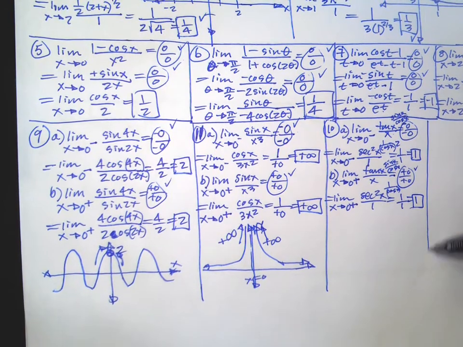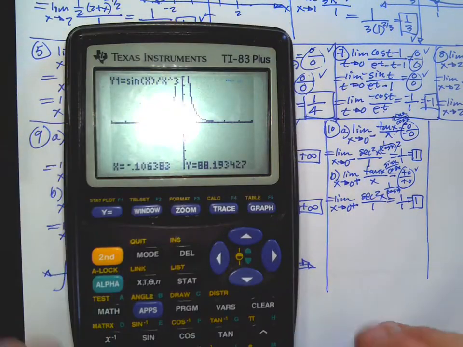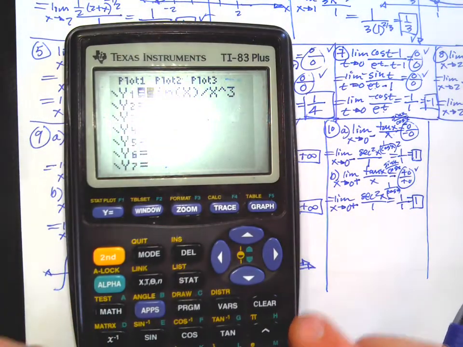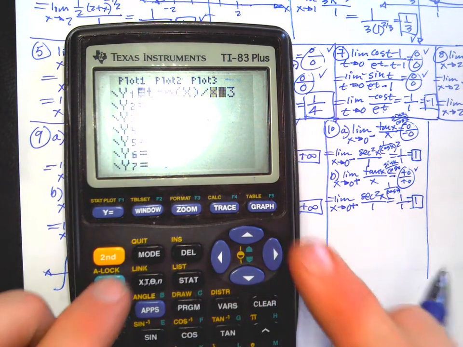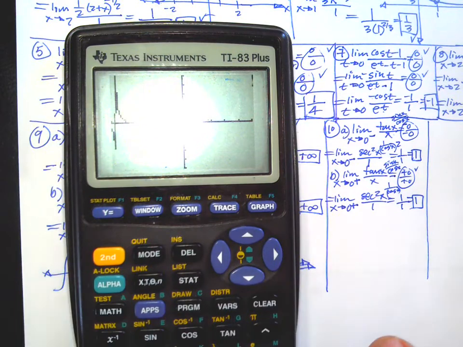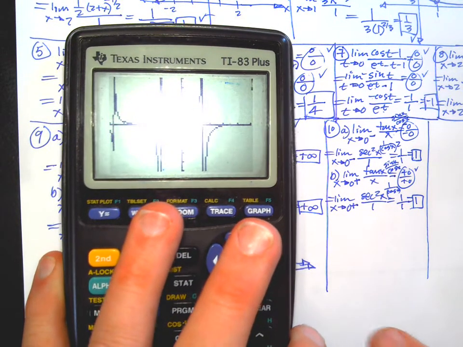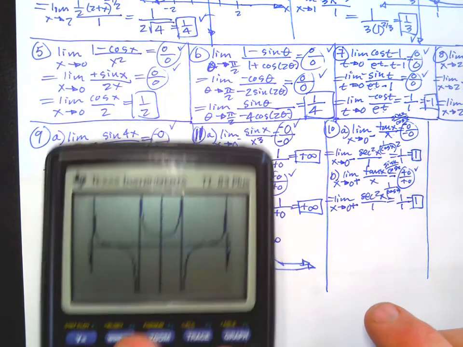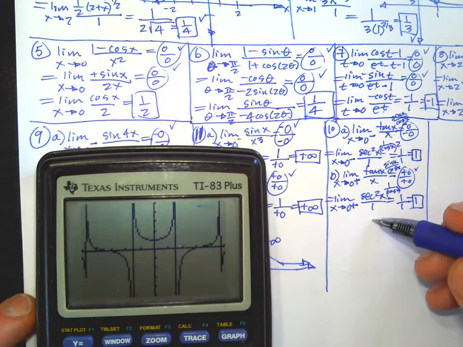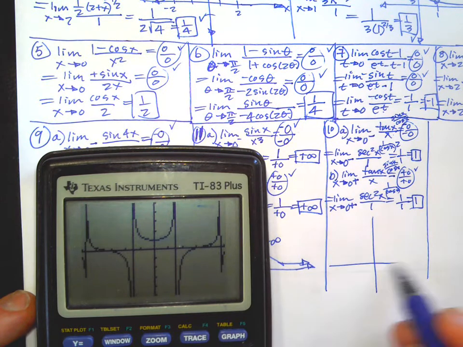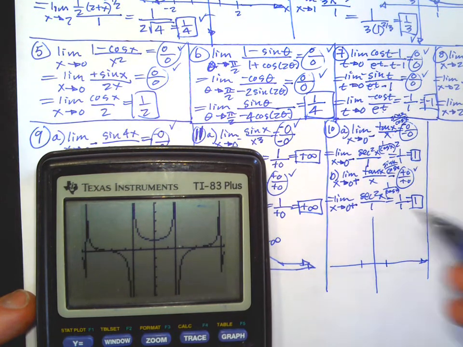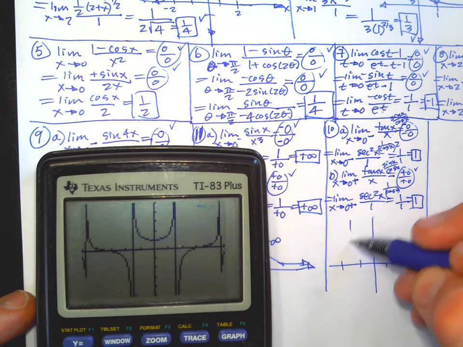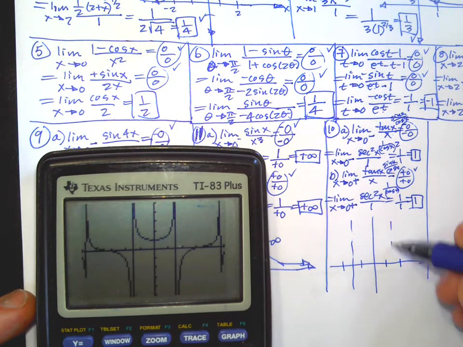Let's see if we can fit 12 on here too. So the graph is going to be tangent x over x. And so we're getting these vertical asymptotes and stuff. This is what the graph looks like. And we're concerned about when it's getting close to 0. But it looks like around 1.5 vertical asymptote, negative 1.5 vertical asymptote.